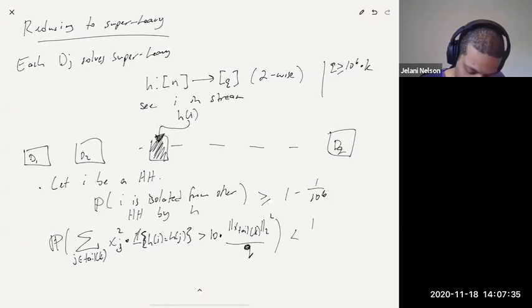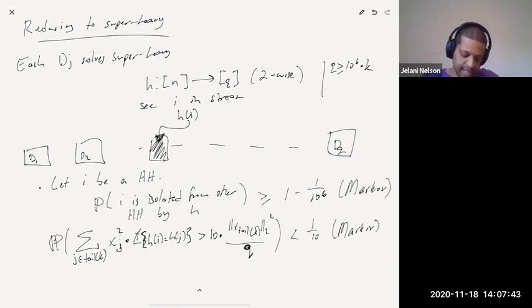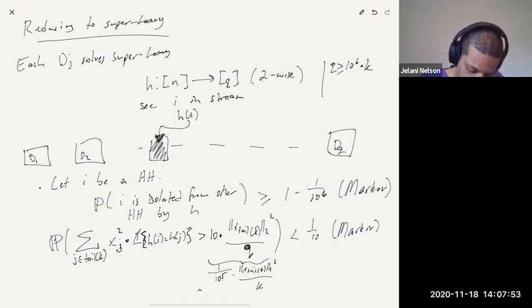This is less than 1 over 10. This is just Markov's inequality. By the way, this was also Markov, right? And this, just by definition, is equal to 1 over 10 to the fifth times x tail k squared over k.